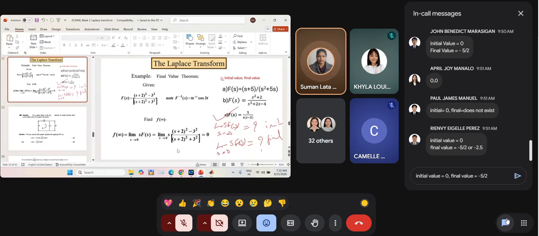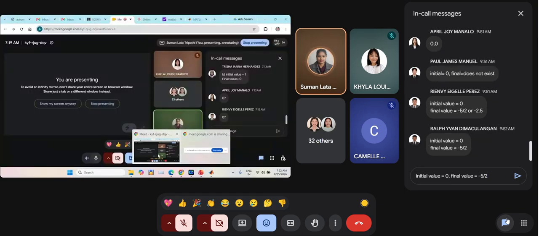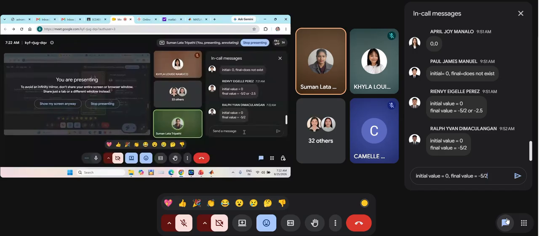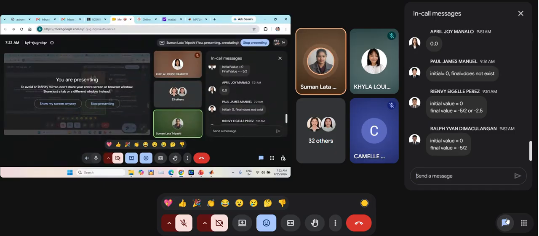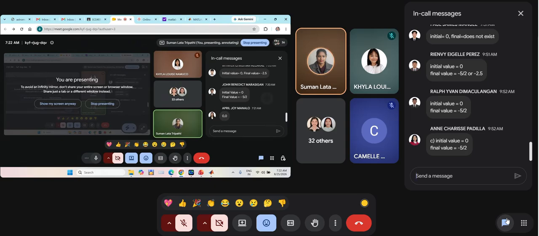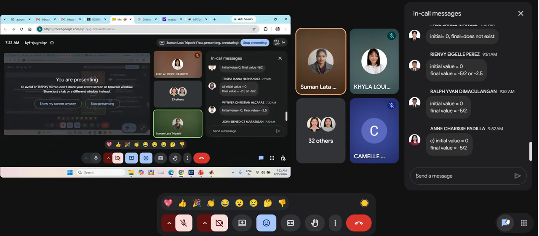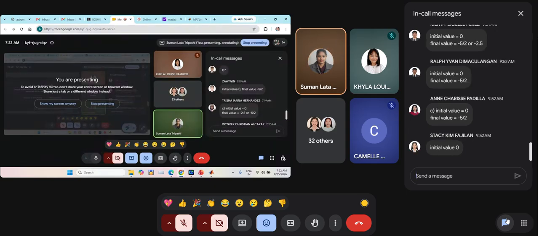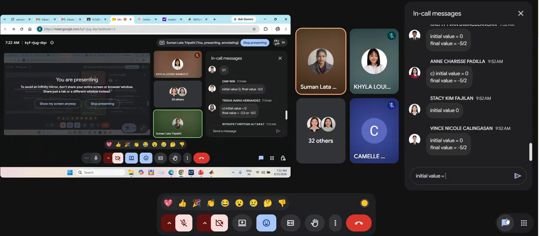So has anyone got the answer? Initial value is 0 and final value is minus 5 by 2. I hope this answer is correct. Check. I will check. Let me note down your names.